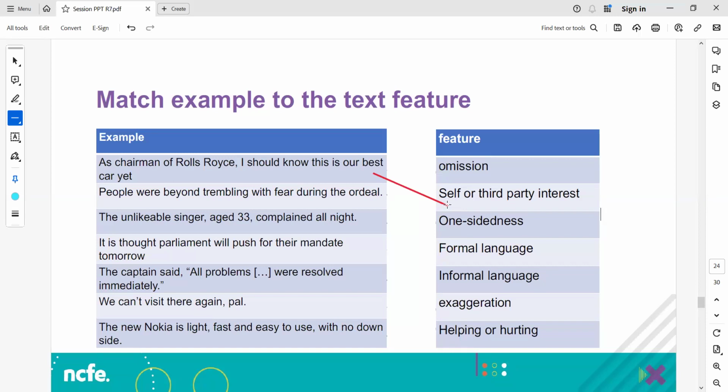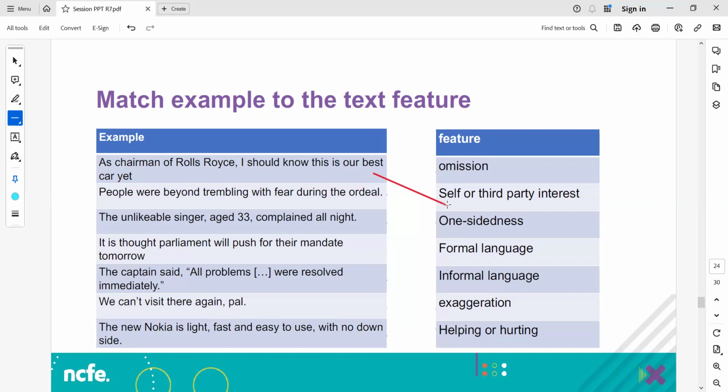Okay. So people were beyond trembling. Trembling with fear is one thing, but we've got that language, they were beyond trembling. Is that something that could really happen? If people were trembling with fear, what's beyond that? Exaggeration.